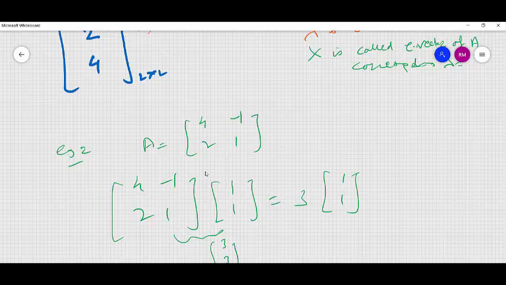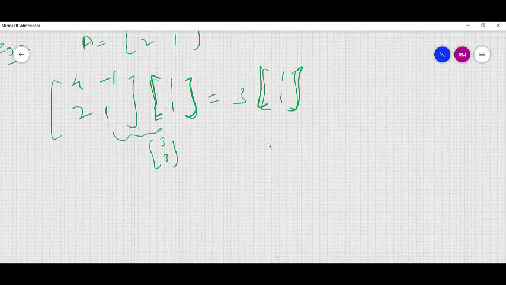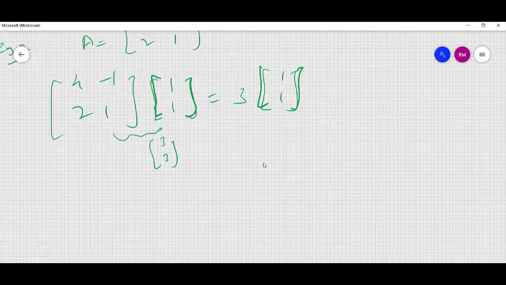So this x is called an eigenvector corresponding to eigenvalue 3. See here, x equal to [1 1] is an eigenvector of A. A is this matrix.